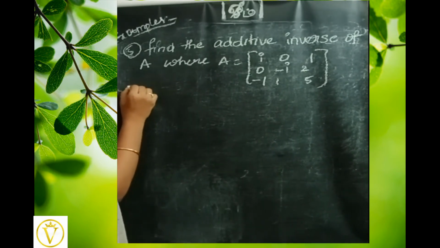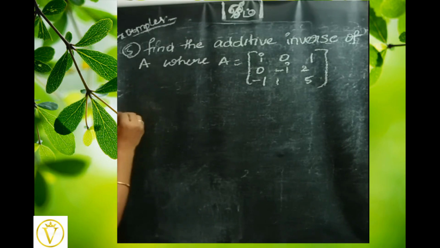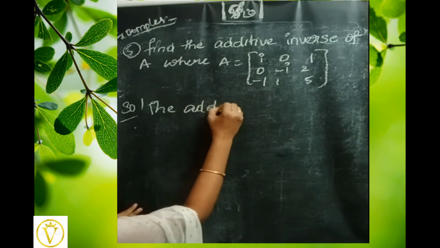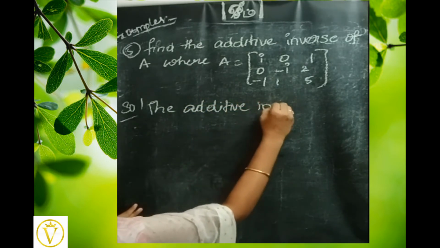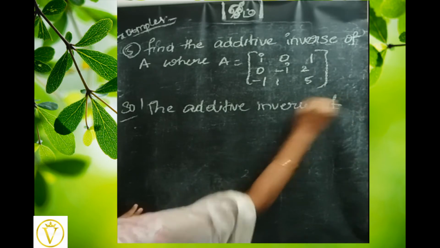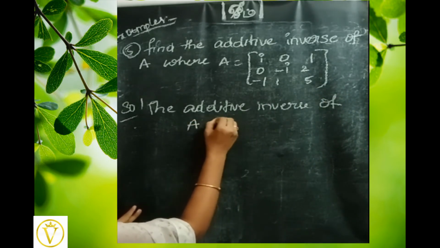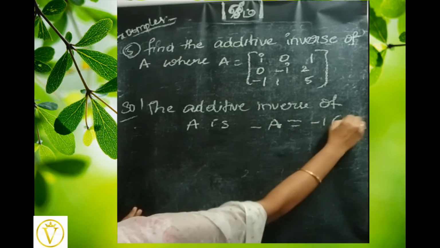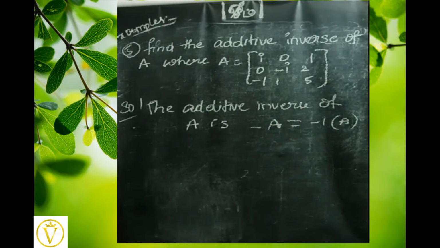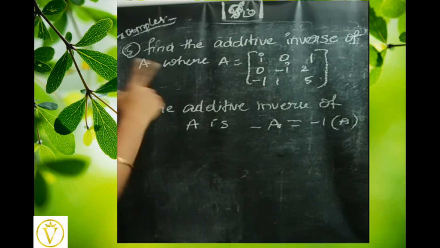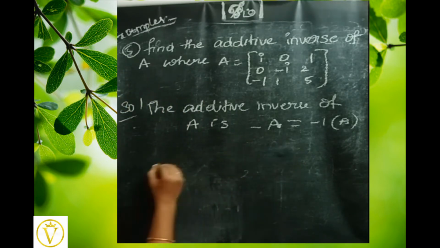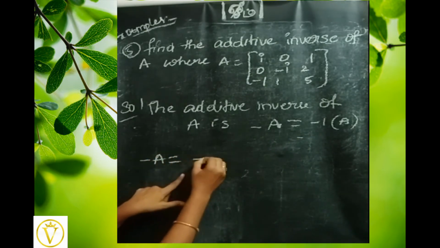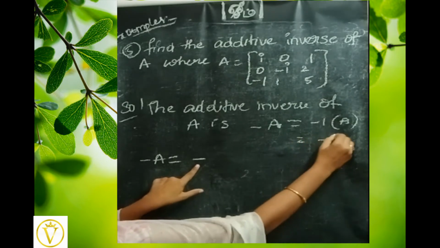Okay. Here what we have to do, additive inverse of A. The additive inverse of A equals minus A, that is minus 1 into A. We have to multiply minus 1 with A. Now that is minus A. Minus A means we have to multiply here by minus.